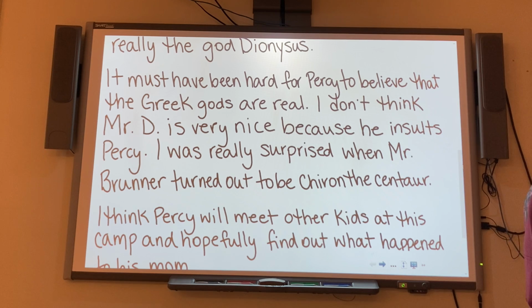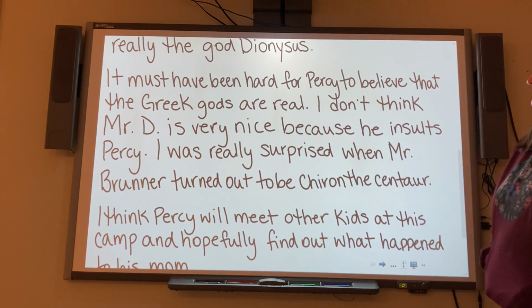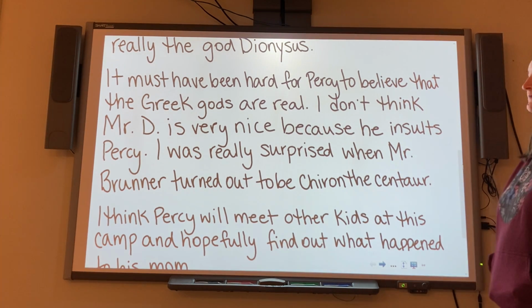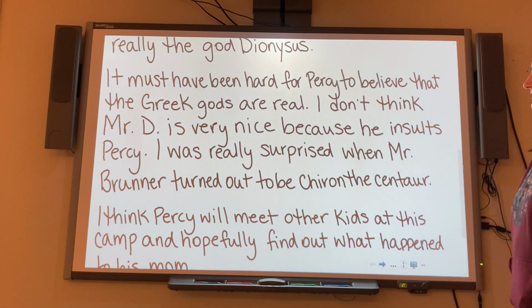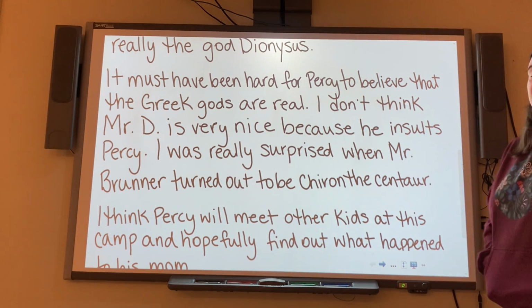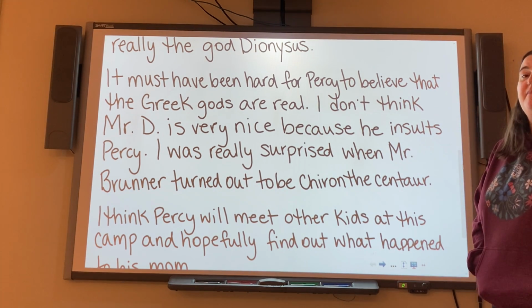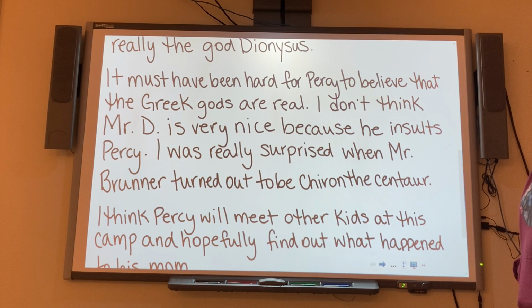So it must have been hard for Percy to believe that the Greek gods are real. I don't think Mr. D is very nice because he insults Percy. I was really surprised when Mr. Brunner turned out to be Chiron the centaur. So this is all my thoughts about the action. Make sure that you've got this written down, so pause the video if you need to.